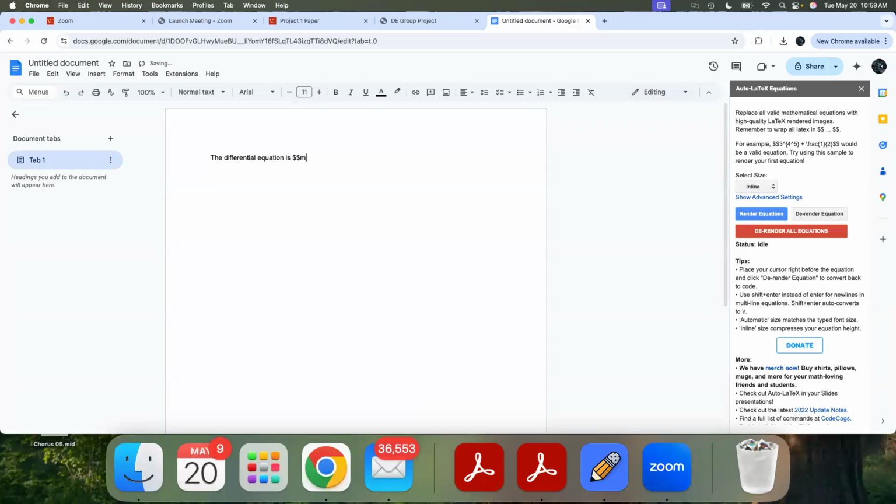So, like, let's say we had mV prime equals negative mg plus beta V squared.